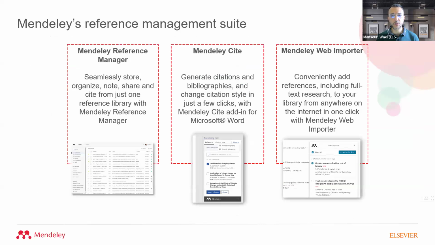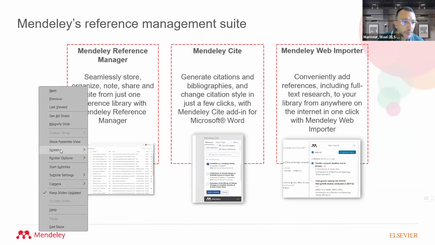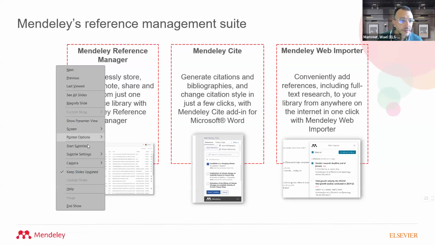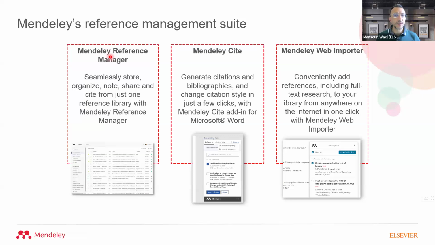So Mendeley is not one part, it's three parts, as you can see. The Mendeley Reference Manager, let me actually activate the pointer here. So we have the Mendeley Reference Manager.